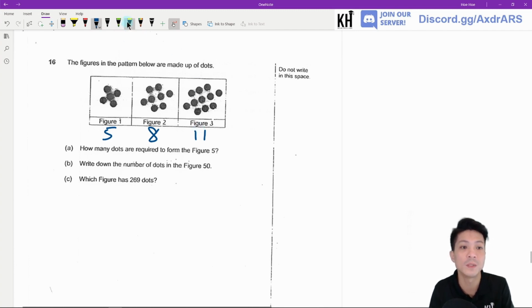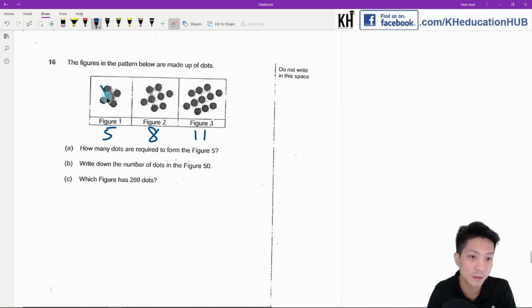In this case, it's better that we figure out the pattern first. I'm going to draw the pattern out. So the pattern is like this.